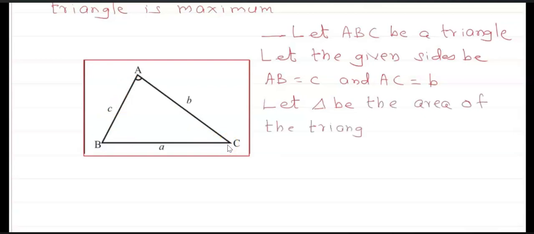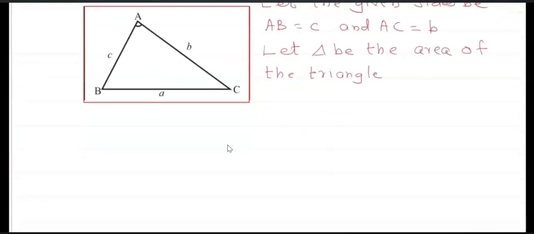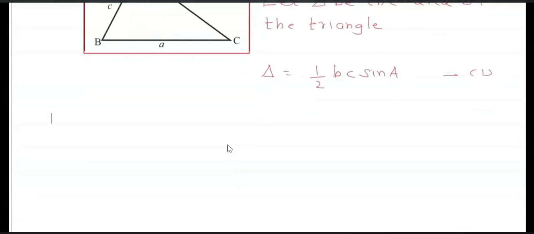Let delta be the area of the triangle, that is 1 upon 2 BC into sin A. This is the formula for the area of the triangle, and the sides are given.